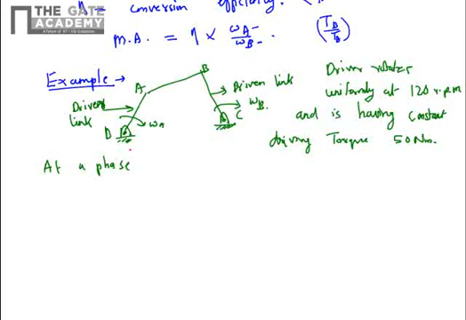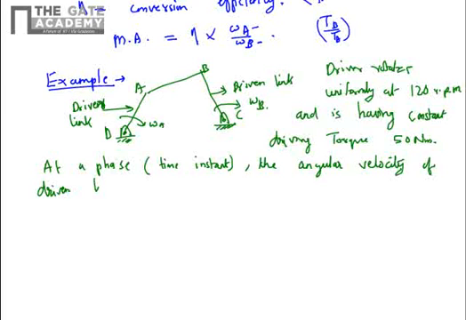You can consider the mechanism position to be frozen at that time. At the particular phase or time instant, the angular velocity of the driven link is 2 radians per second. The question asked is to calculate the mechanical advantage.